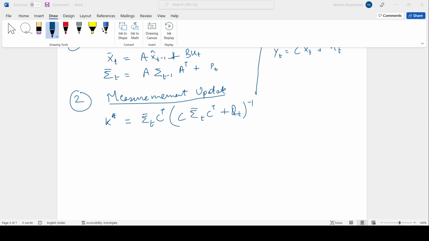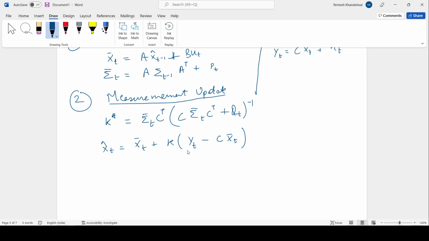Using this measurement update, I can write my final x hat. The final x hat of t is just x bar t plus K times y of t minus C x bar t.